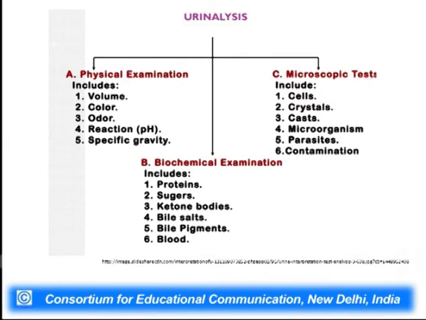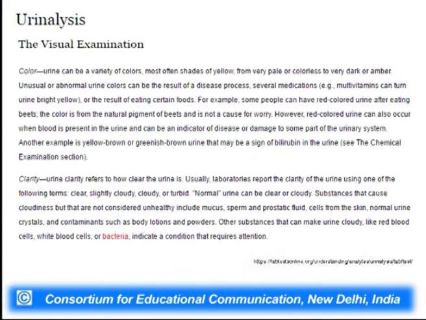In the microscopic test, the doctor looks for crystals, cells, microorganisms, parasites, or any contamination. In the biochemical examination, the doctor looks for proteins, sugars, ketone bodies, bile salts, bile pigments, and blood cells also. So these are the three major forms of urine analysis. We'll come into each of these forms one by one.